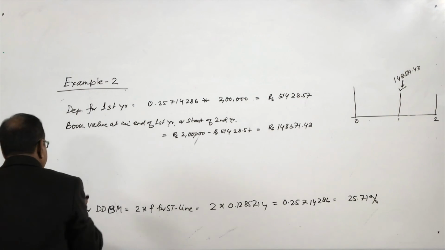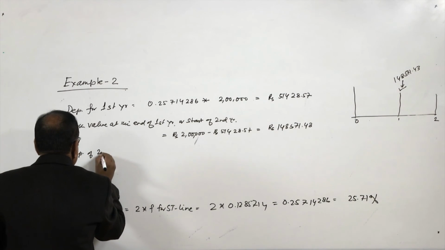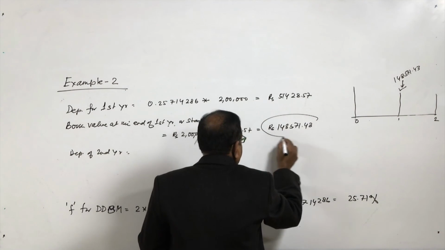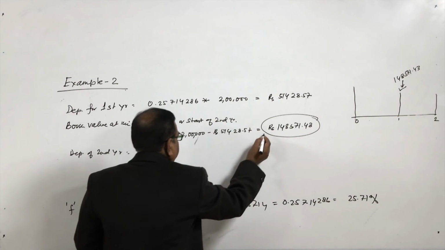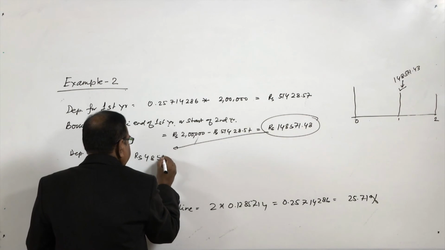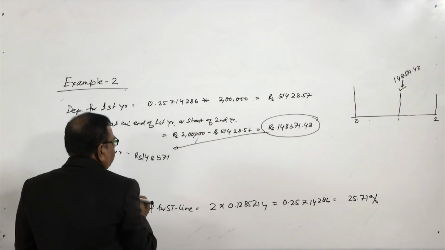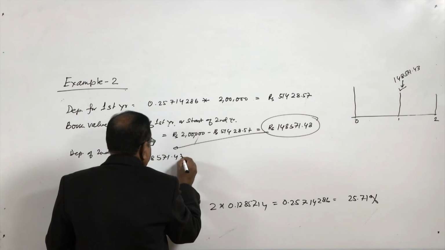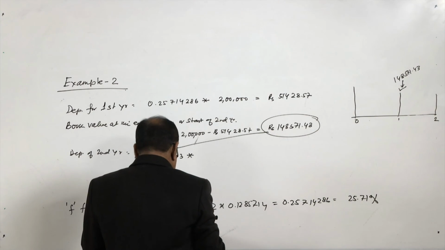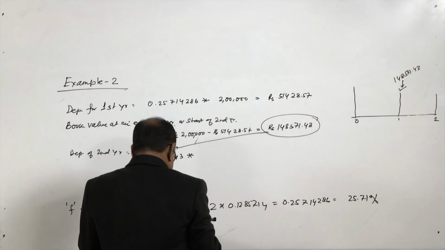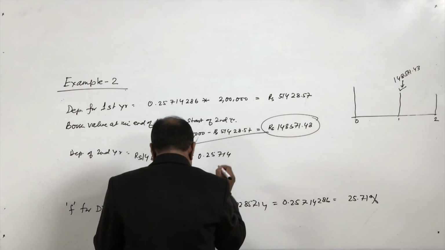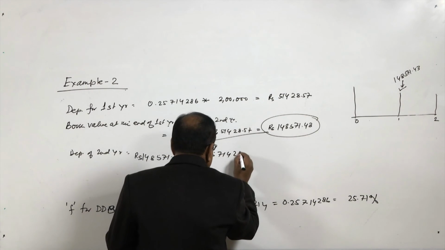Now, the depreciation for the second year will be this book value multiplied by the factor. This book value will come here, that is rupees 148,571.43 into this factor 0.25714286.